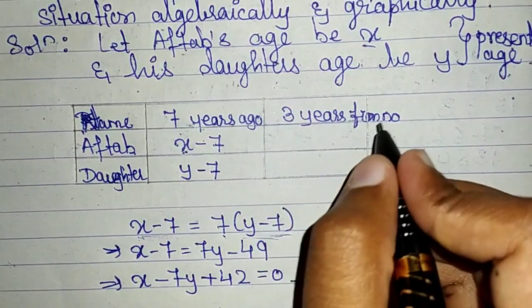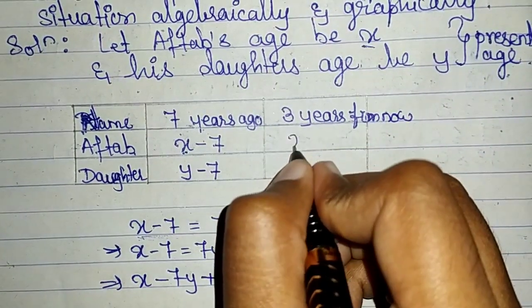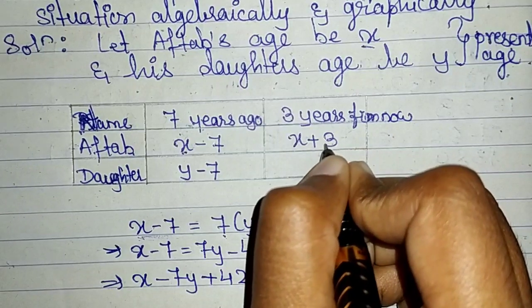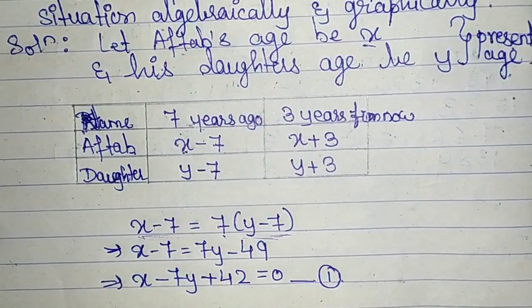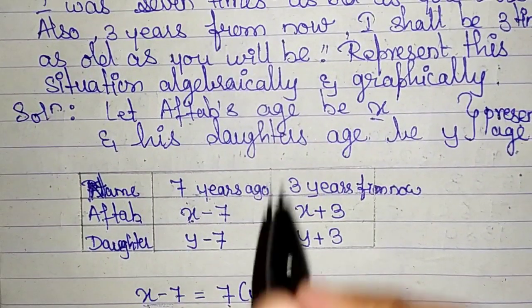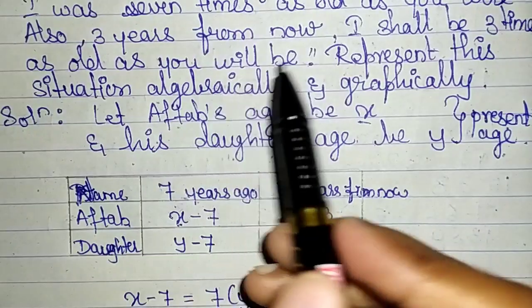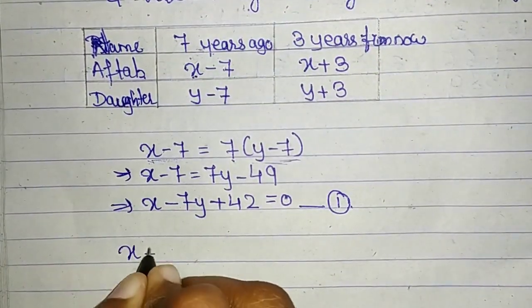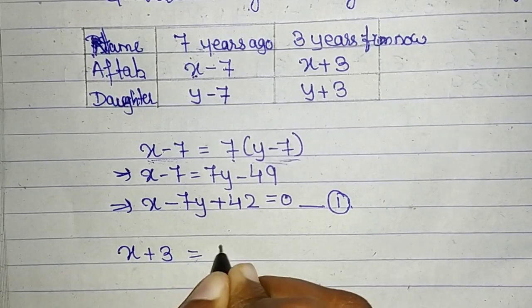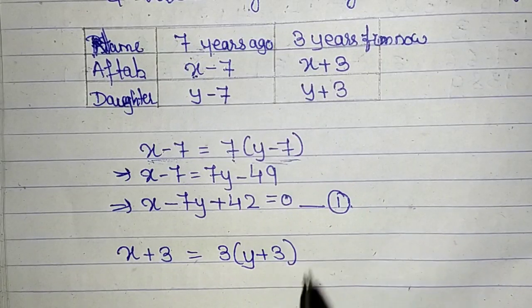Similarly, 3 years from now, 3 years in the future, Aftab's age will be x plus 3 and his daughter's age will be y plus 3. He says that 3 years from now, I shall be 3 times as old as you will be. That means x plus 3 is equal to 3 times y plus 3.